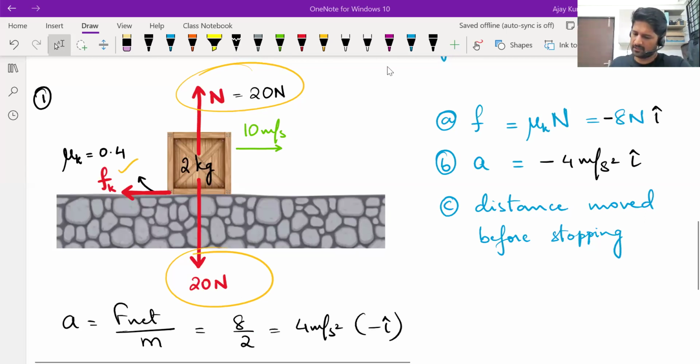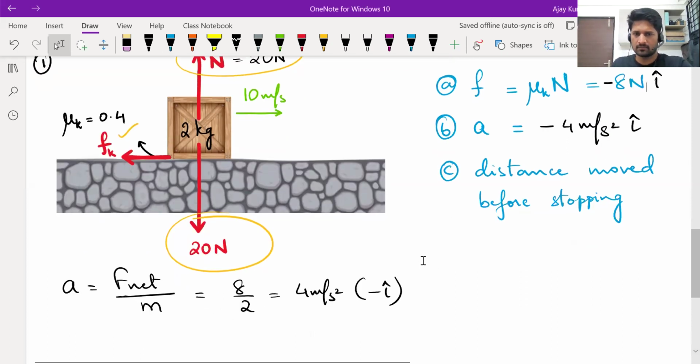Rishi, can you tell me any idea how to calculate the distance it moves before stopping? So use the 10 meter per second and the 4 meter per second and then just calculate. Which equation will you use to calculate?